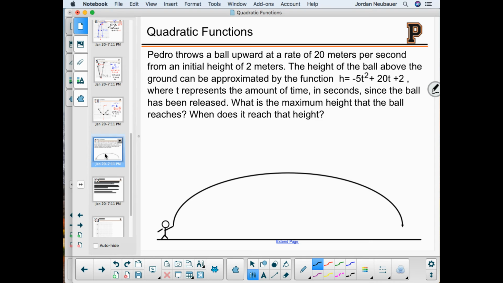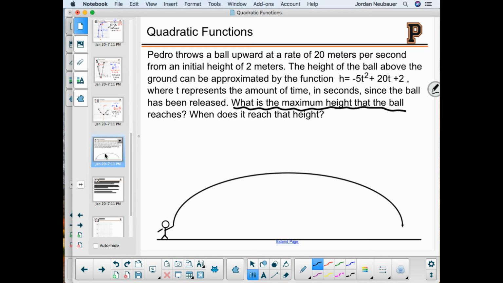We've got a projectile question here. Pedro throws a ball up at a rate of 20 meters per second from an initial height of 2 meters. The height of the ball above the ground can be approximated by the function h equals negative 5t squared plus 20t plus 2, where t is the amount of time in seconds since the ball's been released. So we're looking for the max height that the ball reaches, and when does it reach that max height?